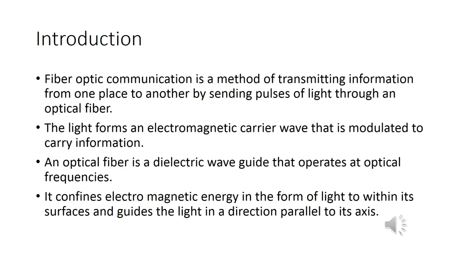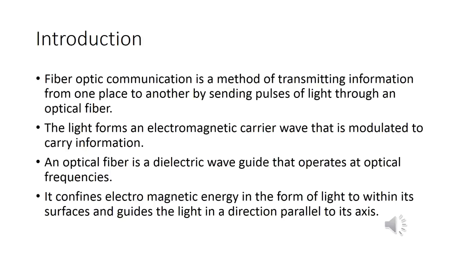Fiber optic communication is a method of transmitting information from one place to another by sending pulses of light through an optical fiber. The light forms an electromagnetic carrier wave that is modulated to carry information. An optical fiber is a dielectric waveguide that operates at optical frequencies.